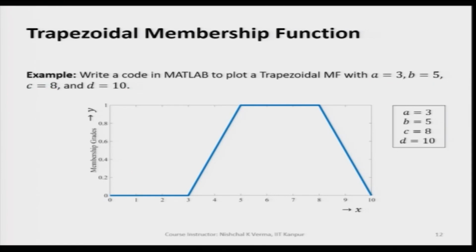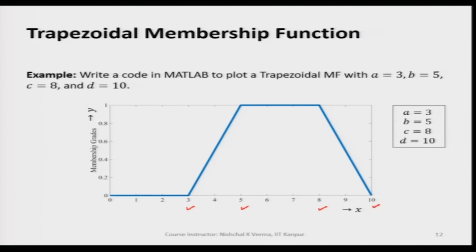You see we have 4 vertices. The first vertex is at 3, the second vertex is at 5, the third vertex is at 8, and the fourth vertex is at 10.